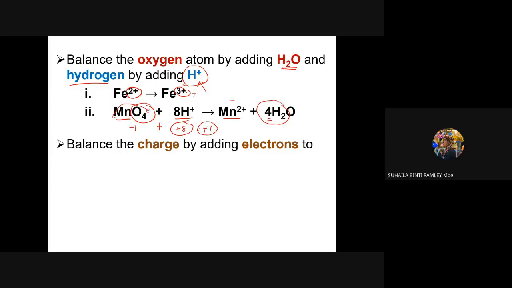So here we have positive 2. So this one is 0. So which side yang more positive? Left. Okay, so kita akan add electron di sebelah reactant. How many electron? 5 electron. Supaya dia akan jadi sini equal dengan plus 2.